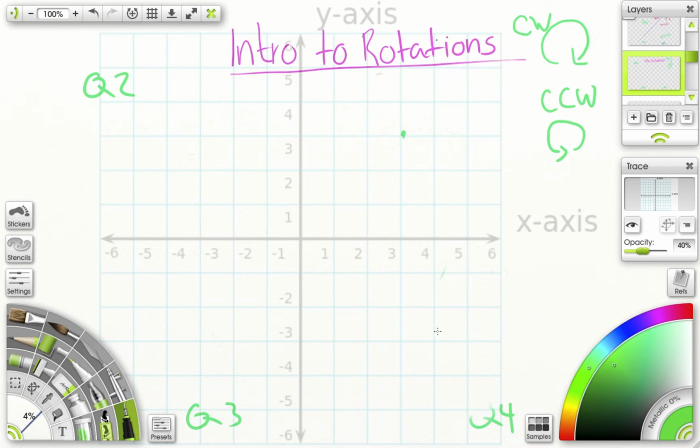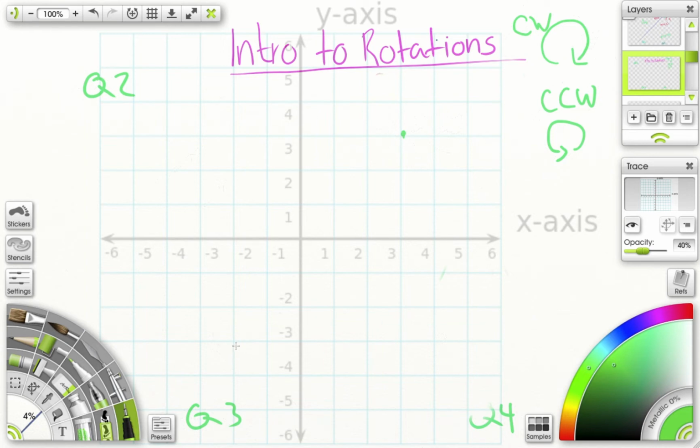So you just have to pay attention to what direction you're going in. So 90 is like the next quadrant over, depending on which direction. So it could be this way or it could be this way, depending on what type of rotation it is. 180 is the opposite quadrant, so it goes this way or it can go this way.